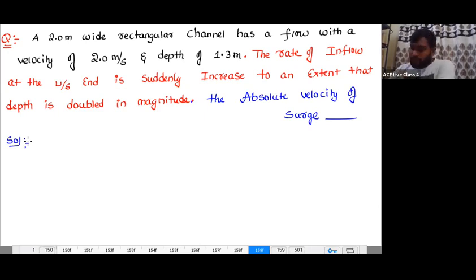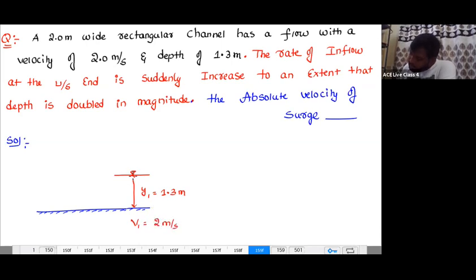What is the width of the river? 2 meters. Initially the flow is happening with a depth y1 of 1.3 meters and velocity v1 of 2 meters per second.